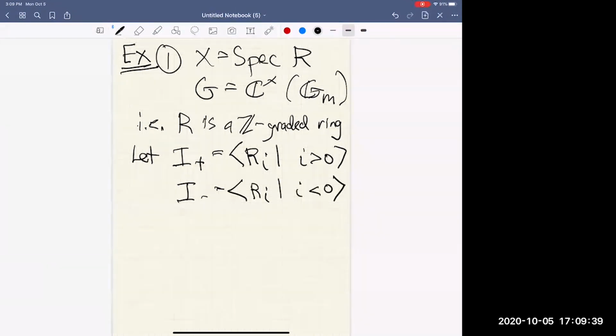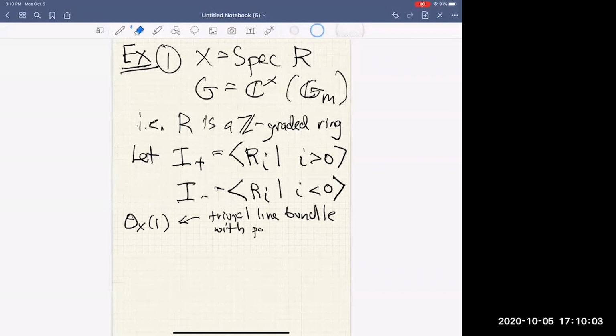And then if we denote by O_X(1) the trivial line bundle, which is ample since I'm on an affine, with twist positive, with non-trivial equivariant structure.